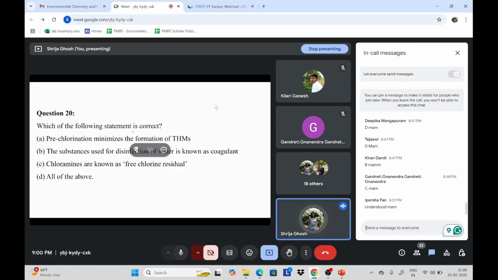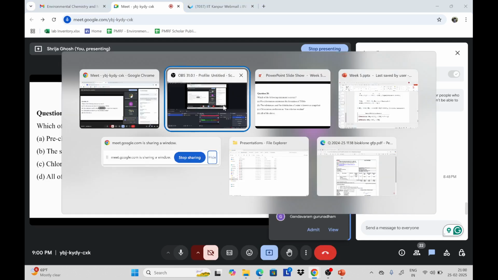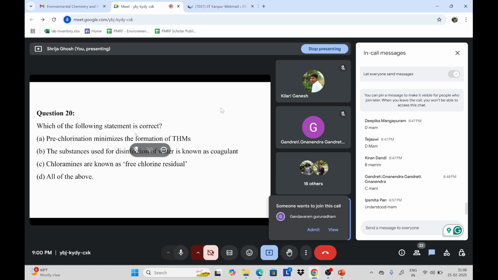Okay, that brings me to the last question of this session. Which of the following statements is correct? Pre-chlorination minimizes the formation of THMs. Substances used for disinfection of water is known as coagulant.